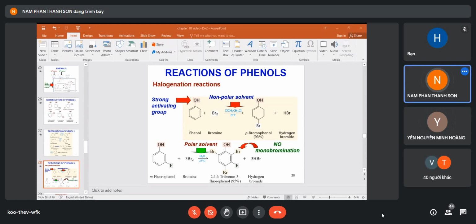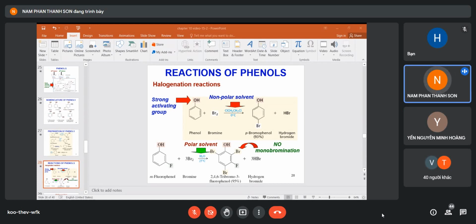Way number 2, the second way is? We use RCOCl and with the catalyst AlCl3 and water. That is the acylation. That is reaction number 5. We are at reaction number 4. The alkylation, there are 3 ways.